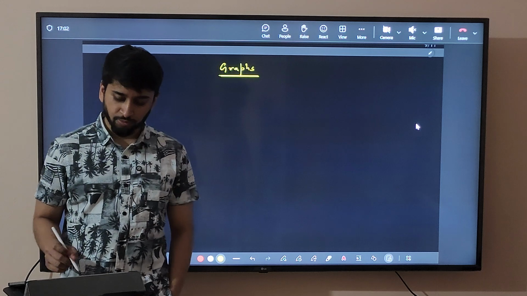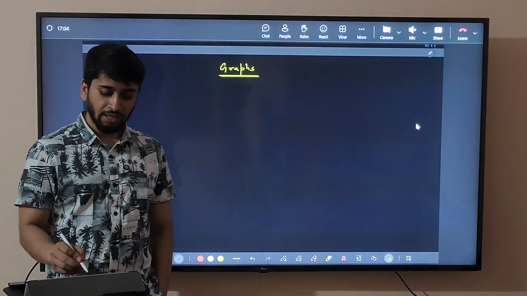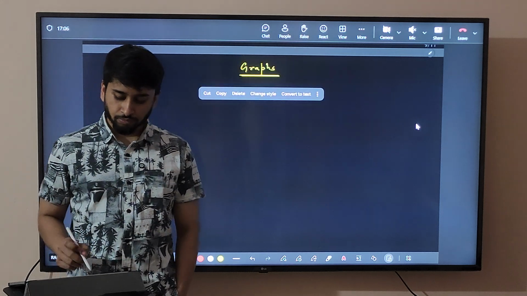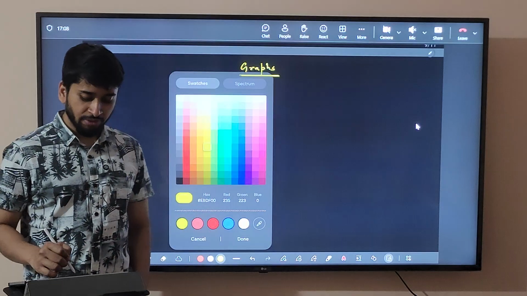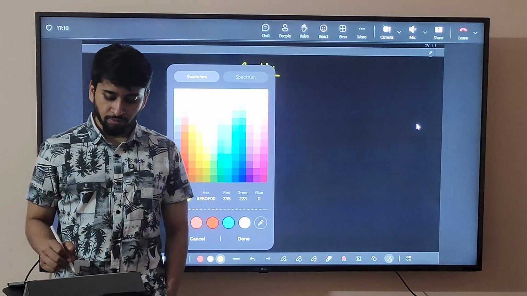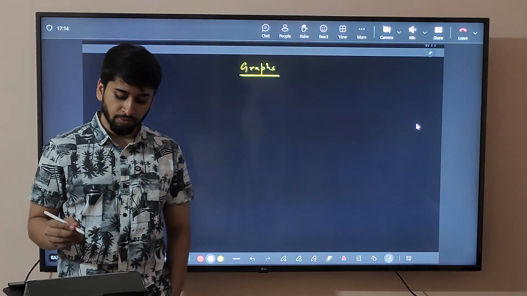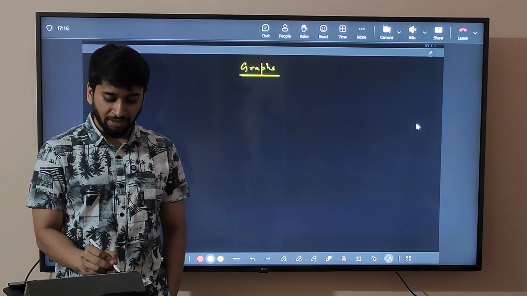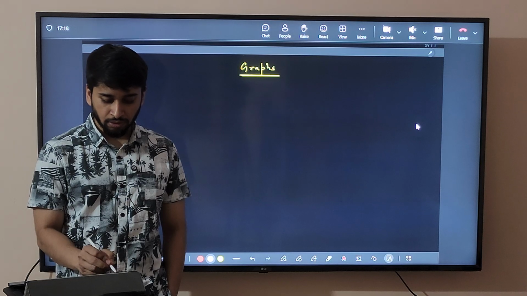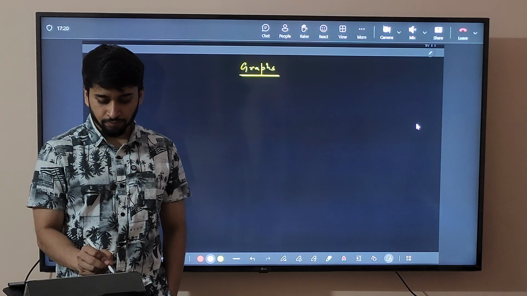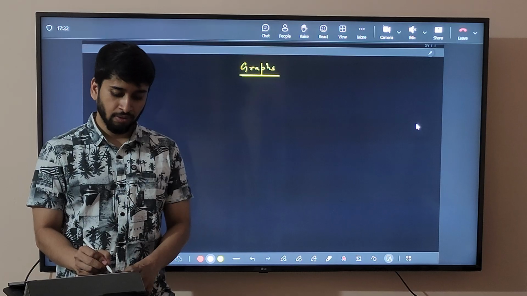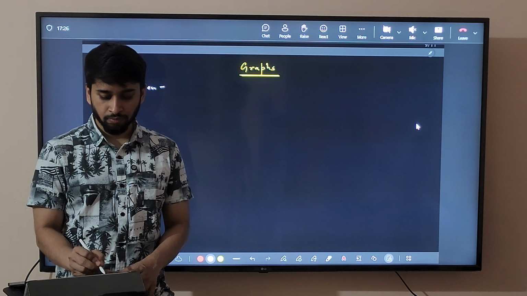So what kind of graph are we going to see here? Okay, let us have a look. Fine. So we'll see what are the different values we get from different types of graphs. So first we have the position time graph.